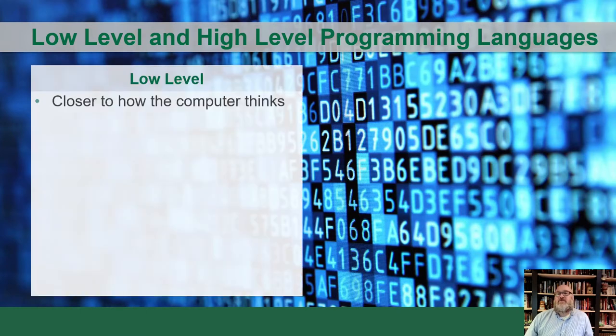Low-level programming languages are those languages that are a lot closer to how the computer thinks. In other words, low-level languages do not abstract the machine reality of the computer processor. With low-level languages, we are required to be more concerned with how our instructions are ordered, how memory is set up and accessed, and even how the data in that memory is interpreted.